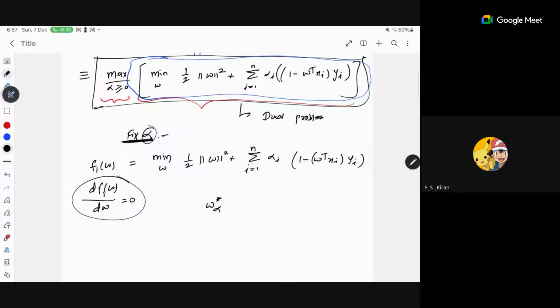So for example, let's say for alpha 1 equal to 5, W alpha 1 is equal to 3. For alpha 2 equal to 5, it is equal to, let's say, 7.